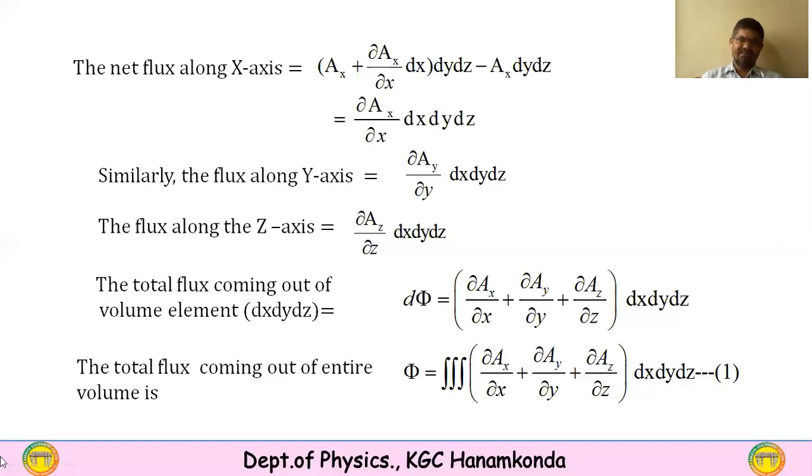Say equation 1. This is the total amount of flux which is coming out of the entire volume V enclosed by a closed surface S.